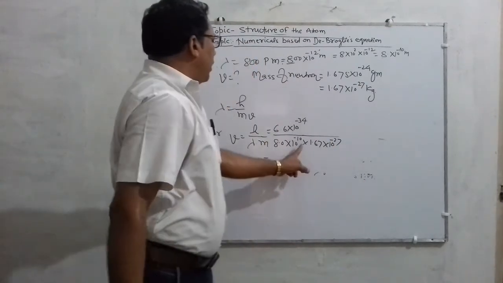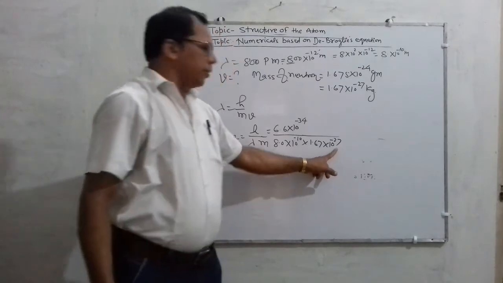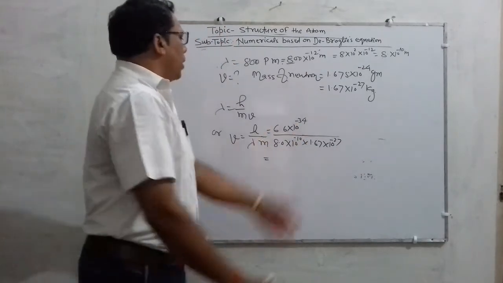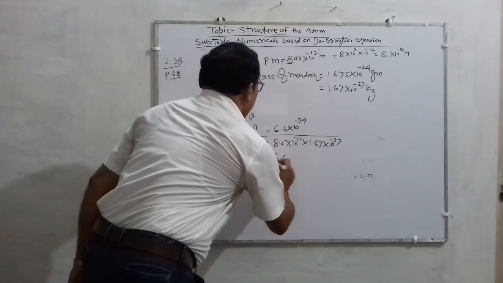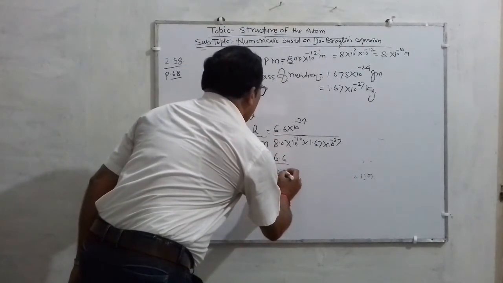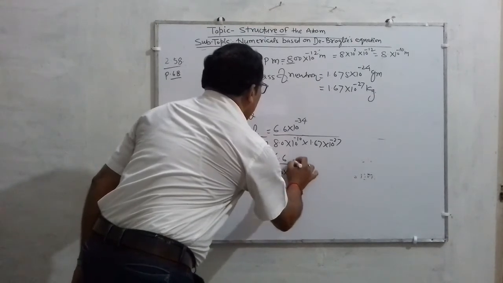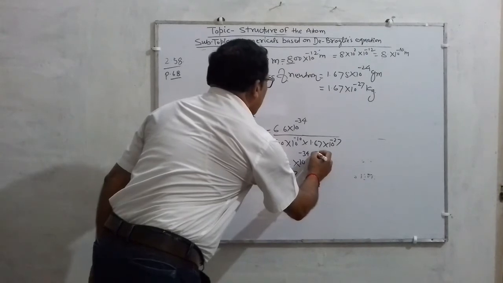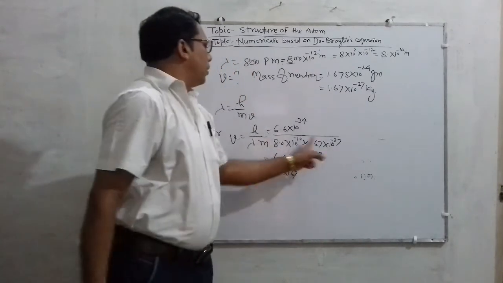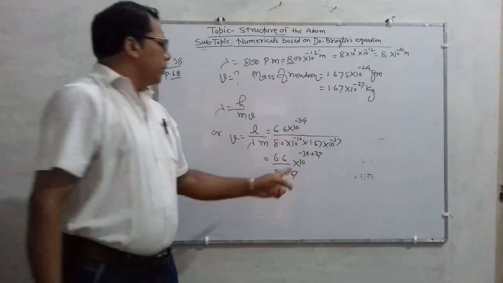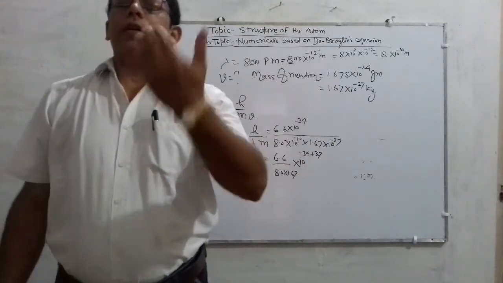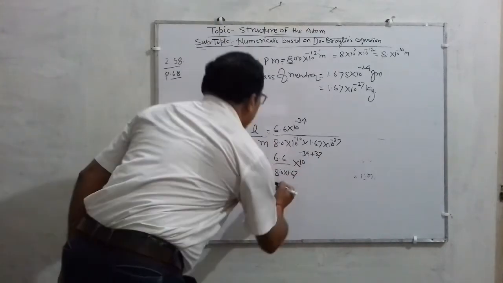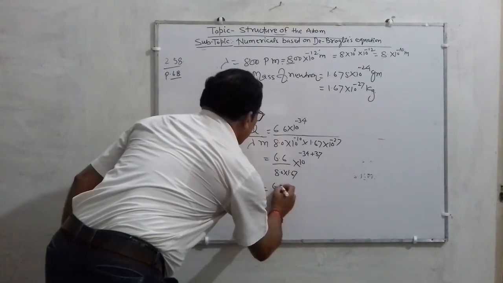So this minus 10 and minus 27 become minus 37, and when we take it to the numerator it becomes 6.6 upon 8.0 into 1.67 into 10 to the power minus 34 plus 37. Minus 34 plus 37 is 10 to the power 3.